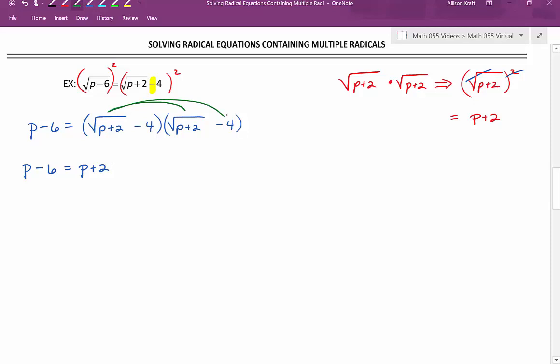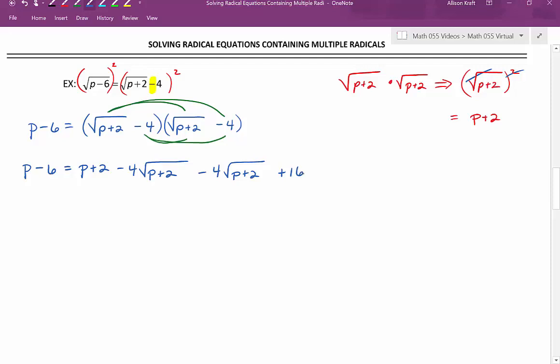Now the square root of p plus 2 times a negative 4 is minus 4 square roots of p plus 2. Negative 4 times the square root of p plus 2, that's minus 4 square root of p plus 2. And then a negative 4 times negative 4 is plus 16.